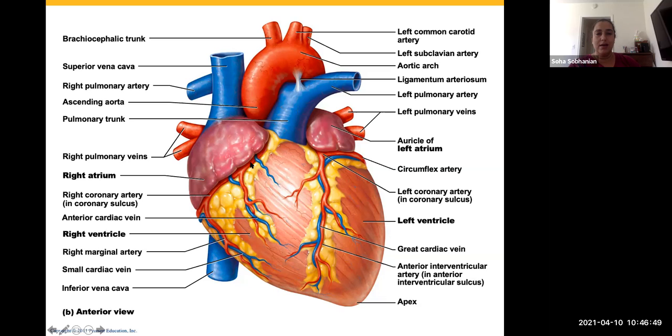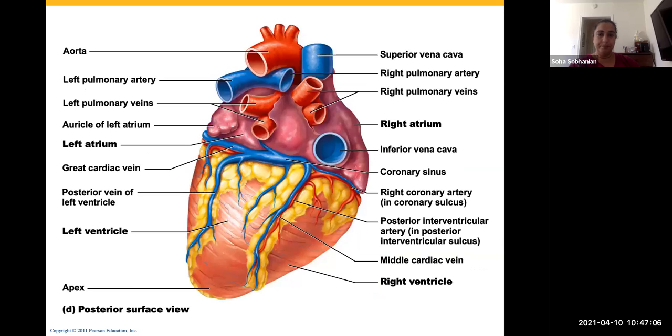And then one main branch that comes off, shown in everybody, which is the right marginal artery. These are small ones that you can see, the smaller branches here, here, here. They're all different from one person to another. They're not going to be identical. Here is the back of the heart, and you can see the posterior interventricular artery right here, which is again the red one supplying the back of the heart.